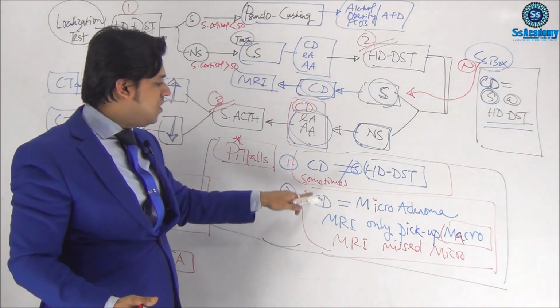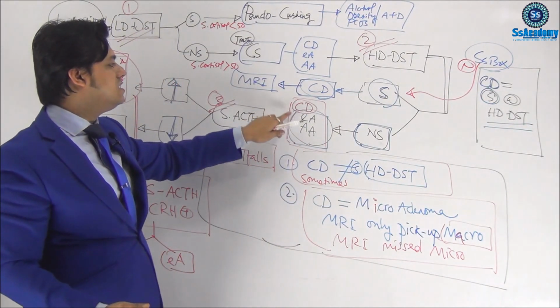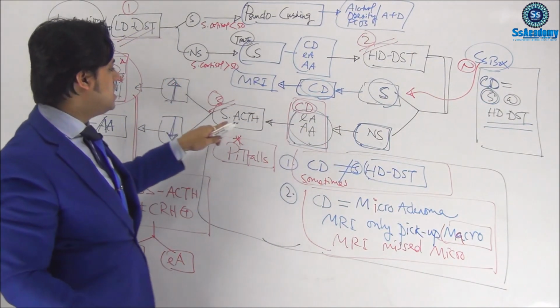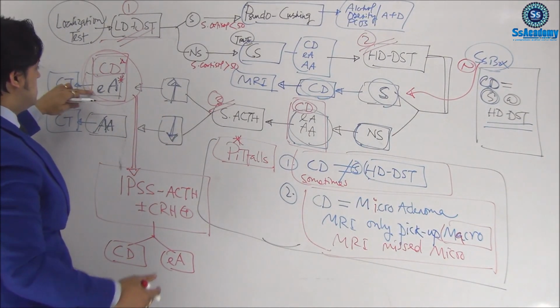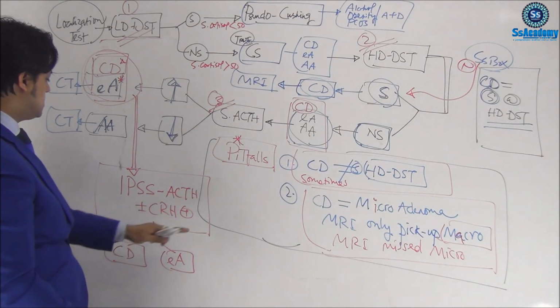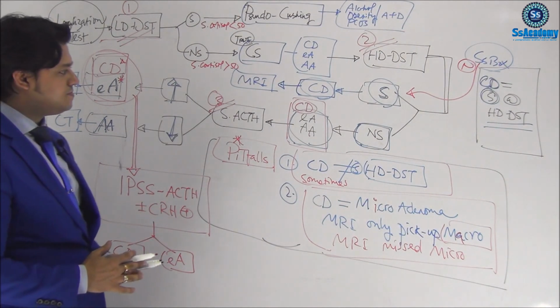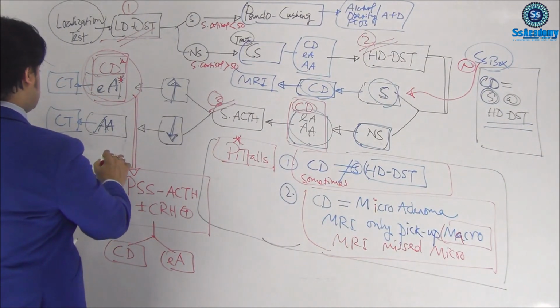But we said there are pitfalls, sometimes it is not suppressed. So not suppressed, top of the list is CD and EA. Do the ACTH level; if high, the diagnosis is CD and EA. The confusion comes here, and IPS sampling for ACTH plus minus CRH stimulation test is the fourth test.